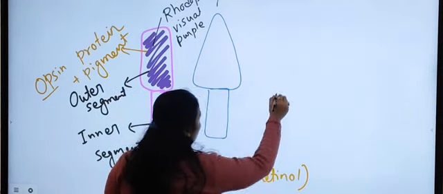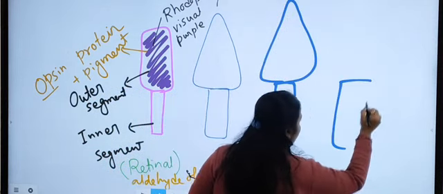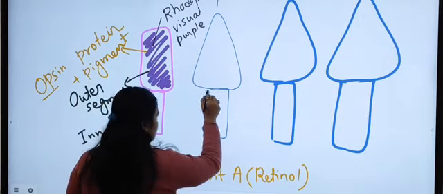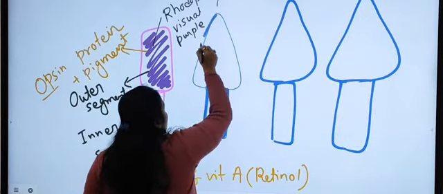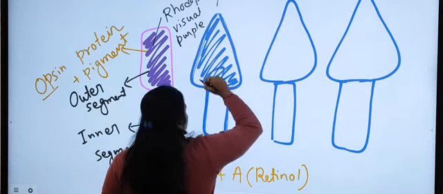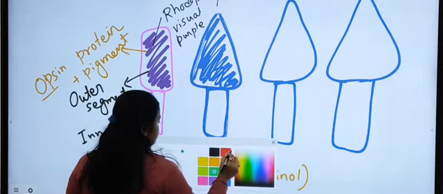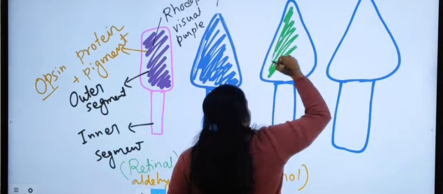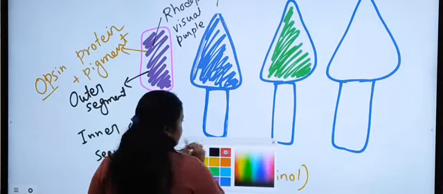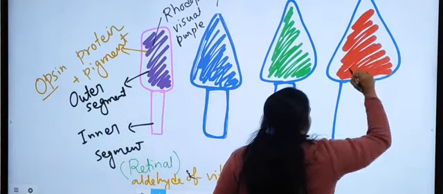These three types of cone cells are responsible for responding to three types of pigments. One is for blue, another is for green, and the third one is for red.